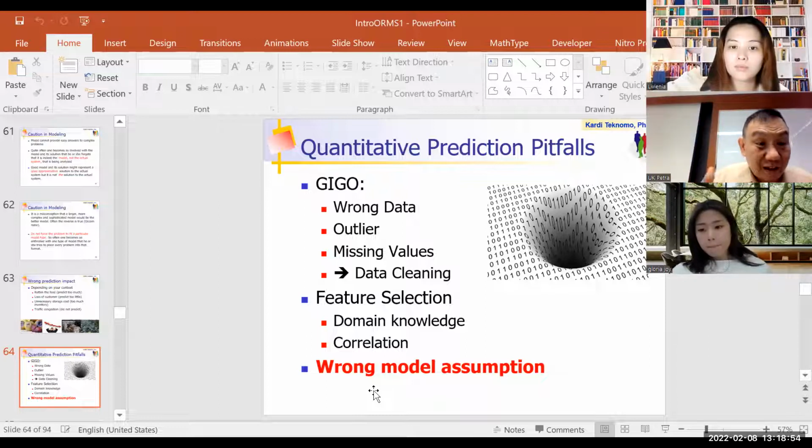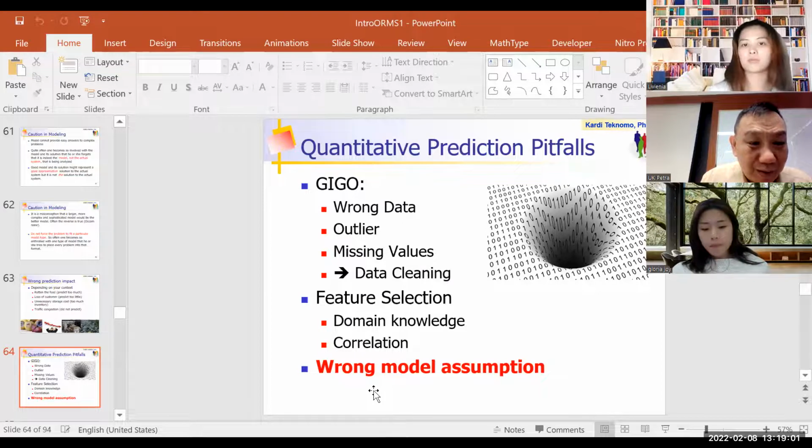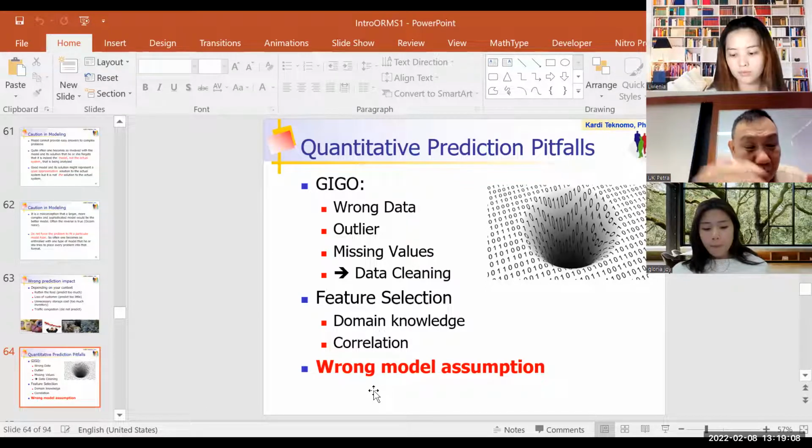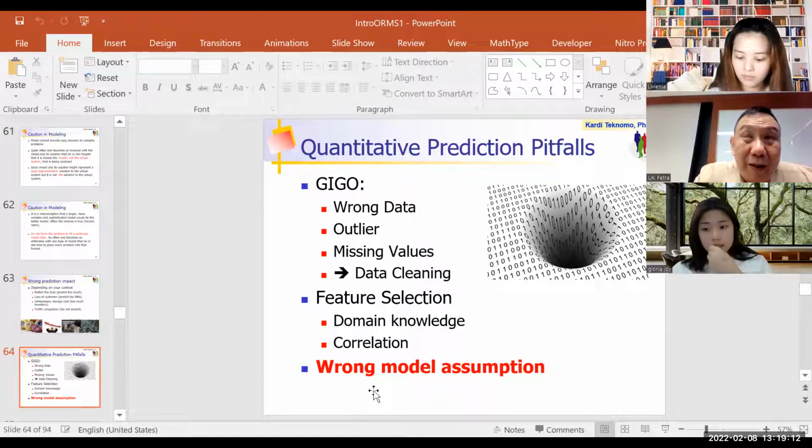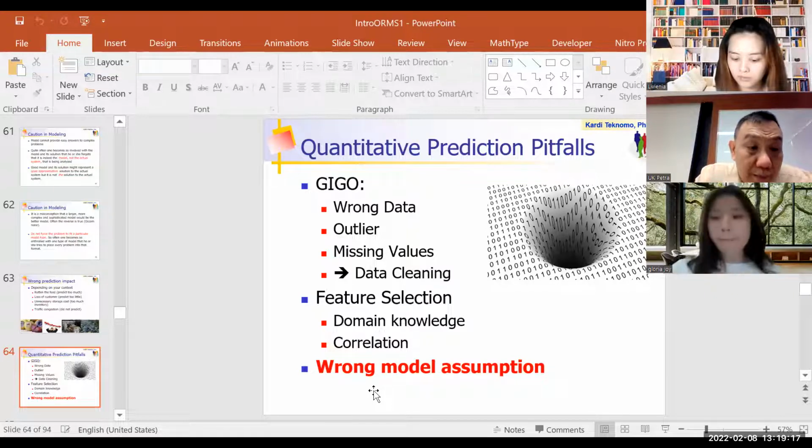Redundant. So what happens if you don't know and you insist, or you know but you insist? If you don't know, you check the correlation first, and then, oh, they are correlated, then you remove. But now you know they are correlated, but you insist, what will happen? When you include correlated variables in the same model, the accuracy will become very high. This is how you cheat.